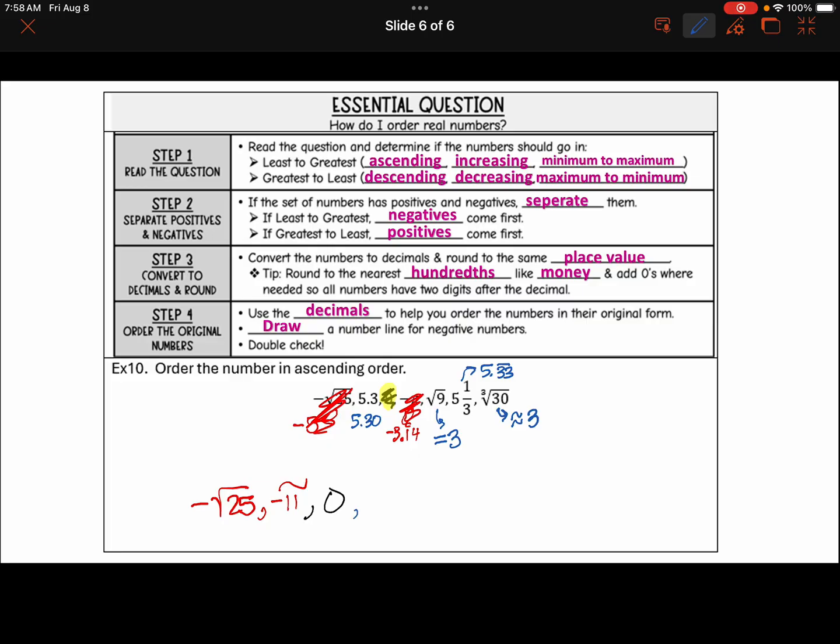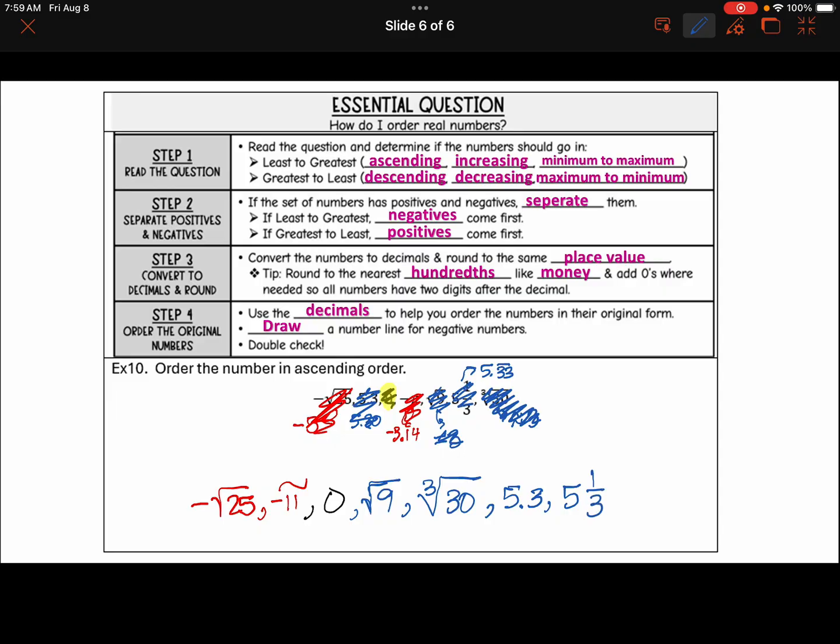So next on my list is going to be the square root of 9, because that's exactly 3. Then it's going to be the cube root of 30, because that's a little bit bigger than 3 since it's bigger than 27. And then I've got 5.30, and I've got 5 1/3, which would be 3 repeating. So then that's going to be 5.3. And then last I would have 5 1/3.